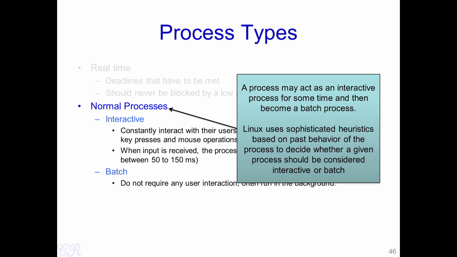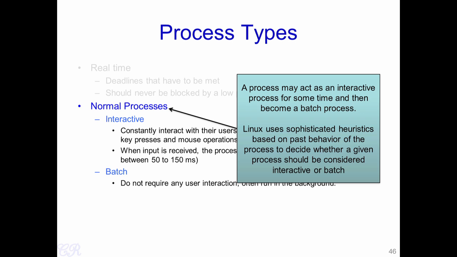On the other hand, a normal process can behave as an interactive process at one point in time and as a batch process at other times, and this behavior can vary from time to time. In order to distinguish between interactive and batch processes, Linux uses sophisticated heuristics based on the past behavior of the process to decide whether a given process should be considered batch or interactive.